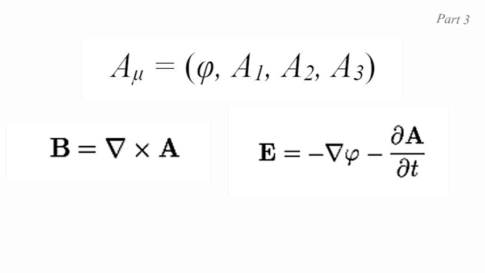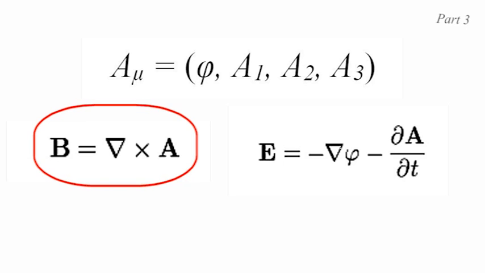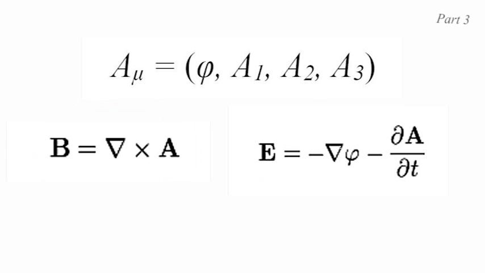As I said before, for those who are not familiar, these equations are saying that the magnetic field B is a particular type of differential of A, and the electric field E depends not only on the differential of the voltage with respect to distance, but also on the rate of change of the field A with time.